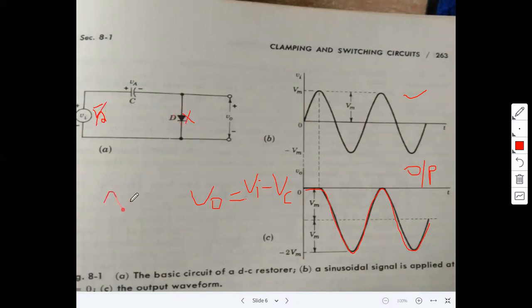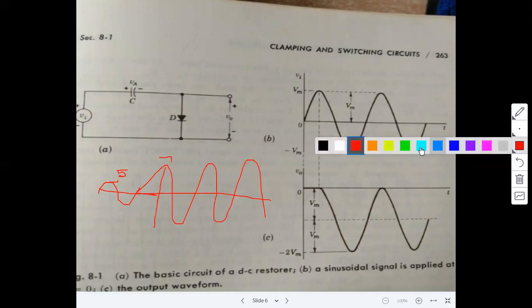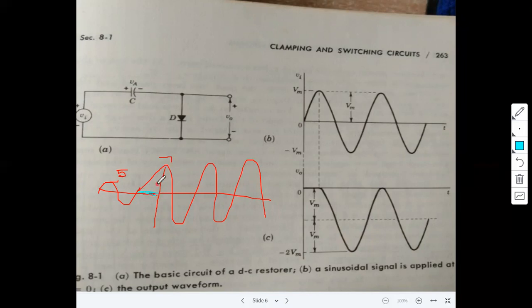Suppose the input is 5 and suddenly changes from 5 to 7 volts like this. In this case also, whenever the input is greater than 5, this is 5, this is 7, during the first quarter cycle again output is equal to 0. That analysis is not required here.